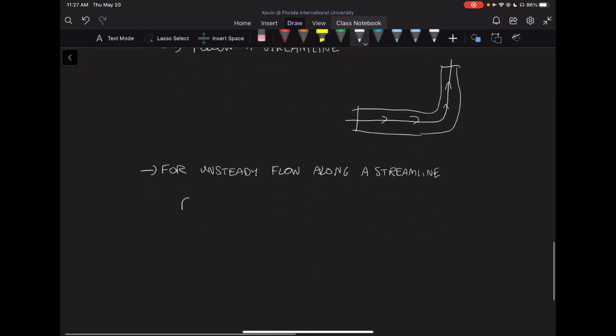So we have that the integral from, let's say, point 1 would be here, point 2 would be here in our streamline.